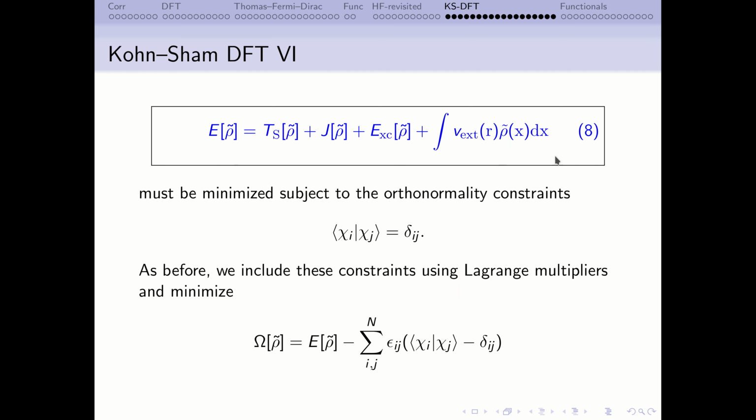So here's our Kohn-Sham functional to be minimized subject to the orthonormality constraints, that these spin orbitals are orthonormal. And as usual, we put them in using Lagrange multipliers. As before, it's going to be Lagrange multipliers of the form minus double sum over i and j, epsilon ij, and these are our orthonormality constraints in there.